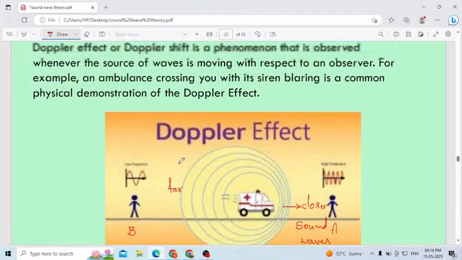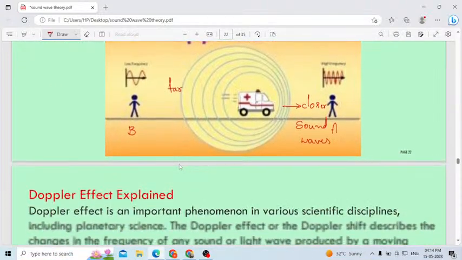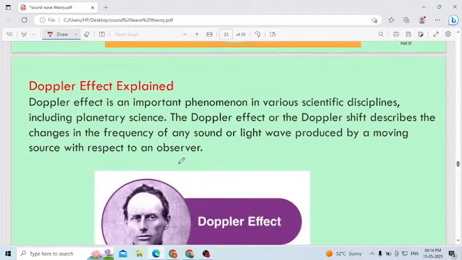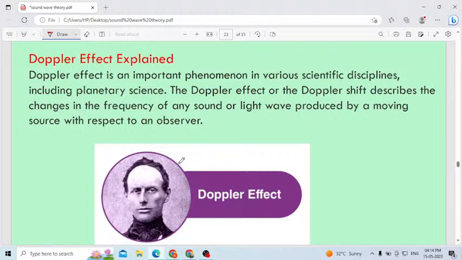Frequency, intensity, anything you can consider. I will explain the definition of the Doppler effect. Listen here. The Doppler effect is an important phenomenon in various scientific disciplines, including planetary science. The Doppler effect or Doppler shift describes the change in the frequency of any sound or light wave produced by a moving source with respect to an observer.